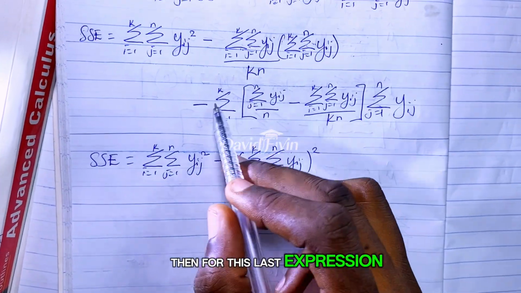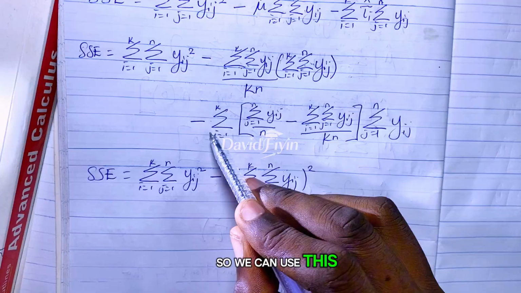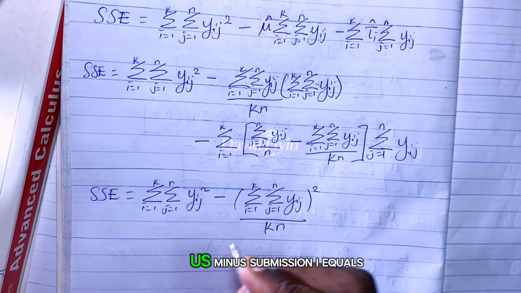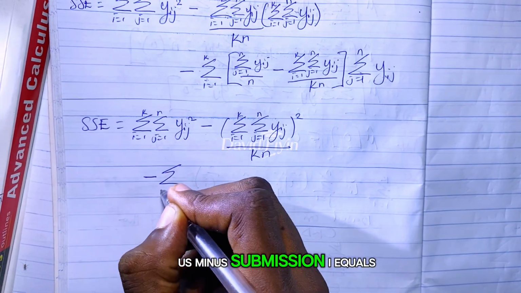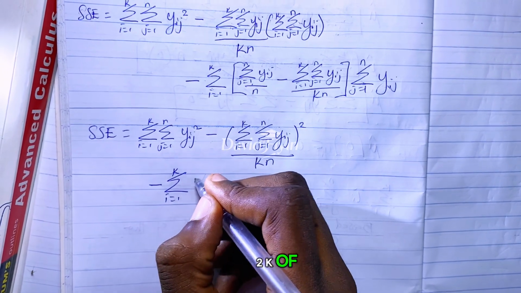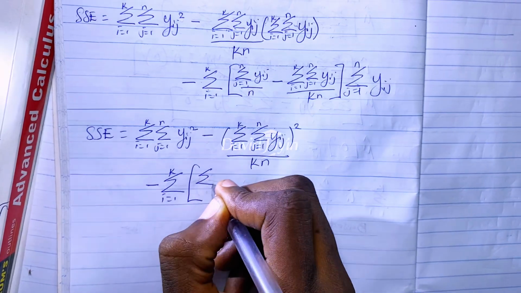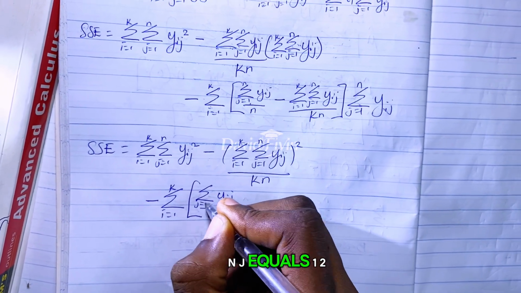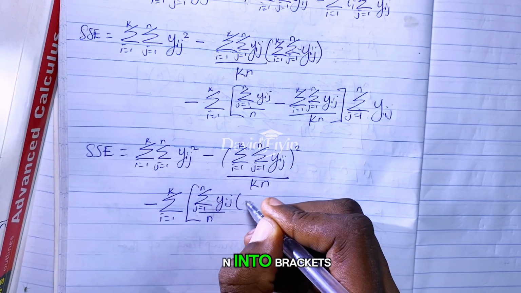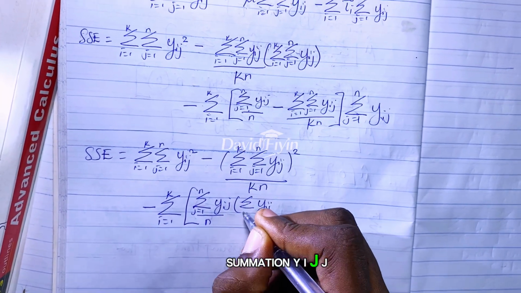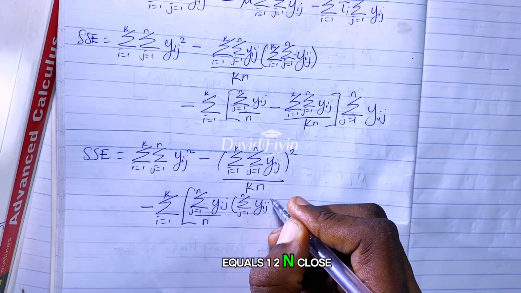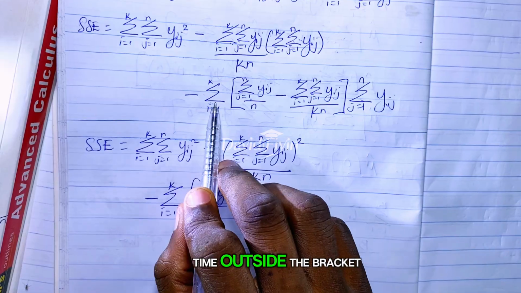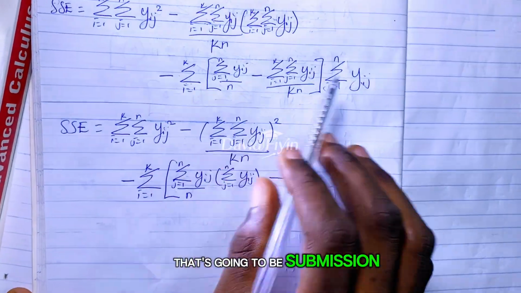Then for this last expression, we can use these two summations to open the brackets. If we use this to open these brackets, this is going to give us minus summation i equals 1 to k of summation y_ij over n, j equals 1 to n, into brackets summation y_ij, j equals 1 to n, close brackets, minus, if we combine this term outside the brackets and this one, that's going to be summation y_ij.